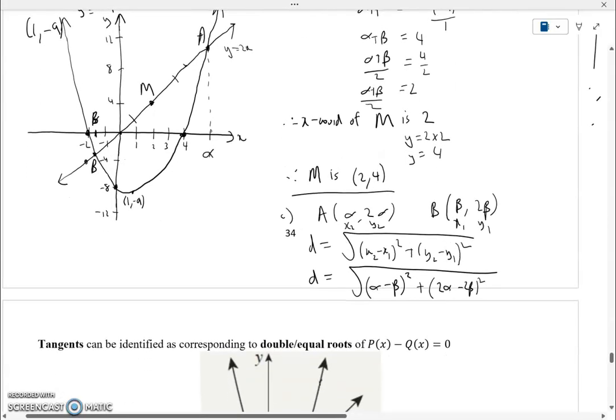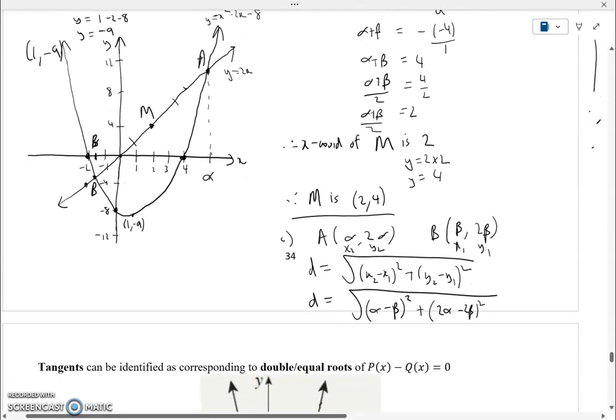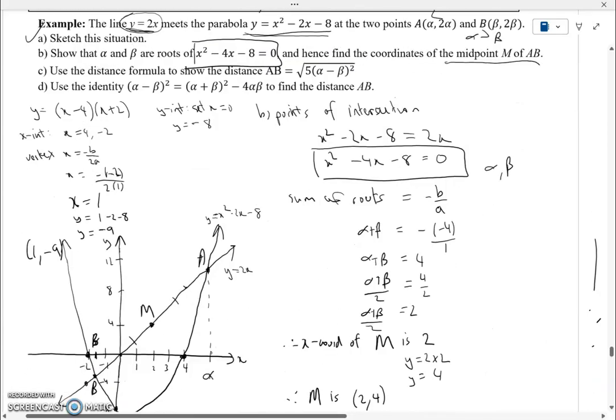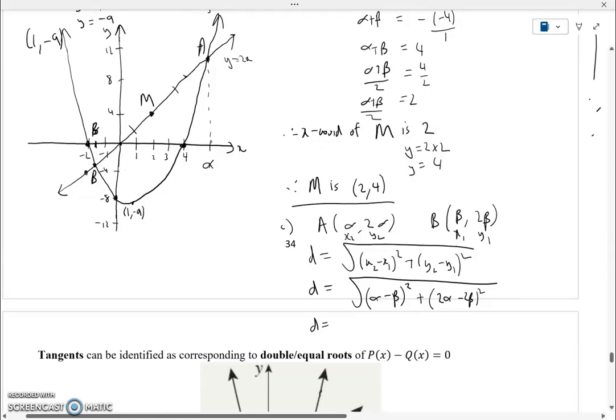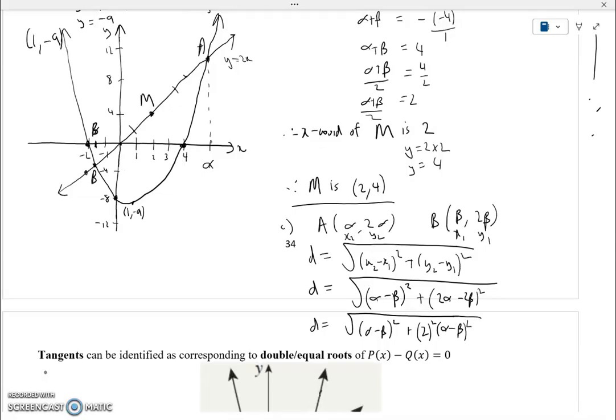Okay. And then what I'm going to do, I'm close, I need a 5 there, so 2 squared is 4. So what if I factored out a 2 here, and then there's a square.